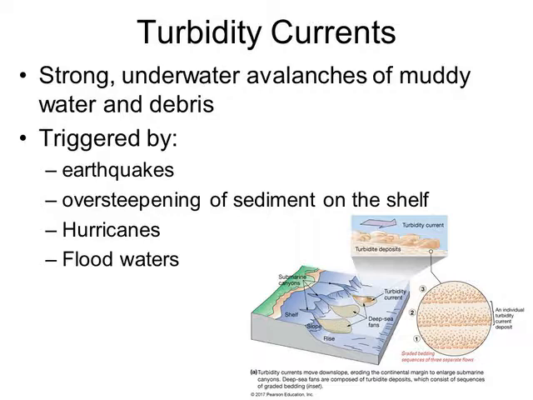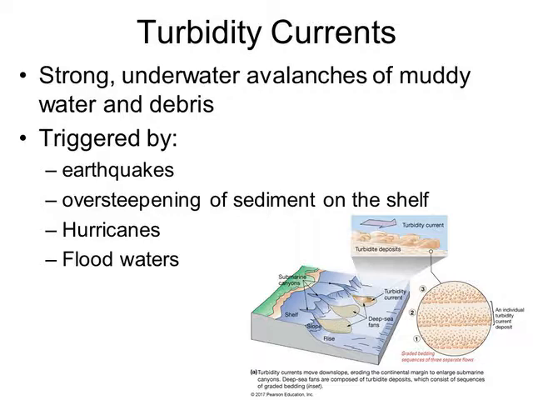So your larger materials are going to settle first, and then smaller materials are going to settle next, and finally your silt and your really tiny particles are going to settle last and fill in all of the gaps in between the larger particles. And so each time a turbidity current goes, it's going to create another layer of material.